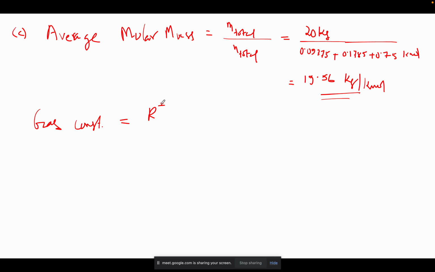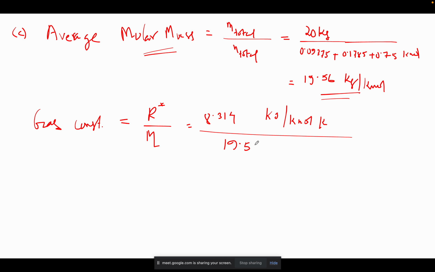Then gas constant will be universal gas constant R star divided by molar mass, that is this average molar mass. R star is nothing but 8.314 kilojoule per kilomole Kelvin, divided by 19.56 kg per kilomole.